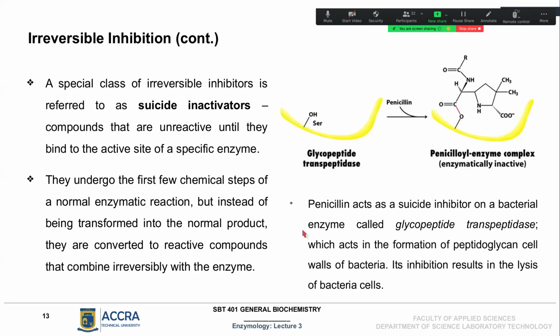So these are some specific examples of how inhibition is used, as we saw earlier, in the design of pharmaceutical agents.